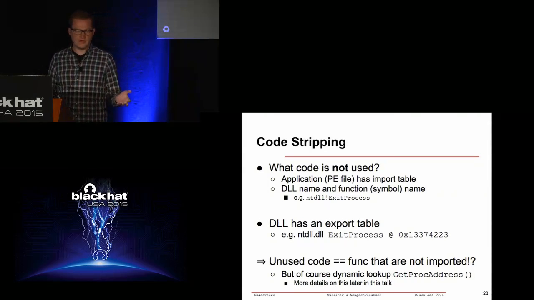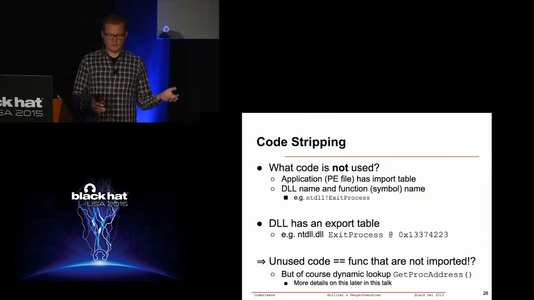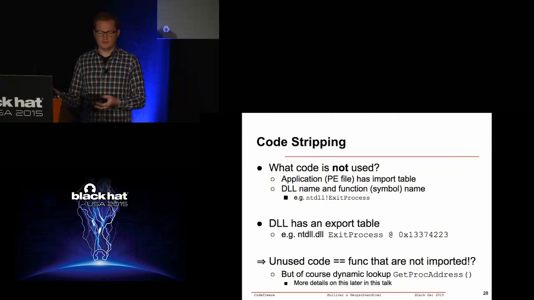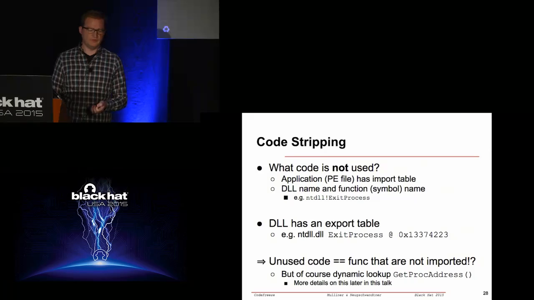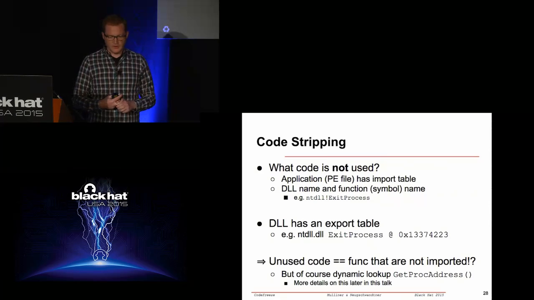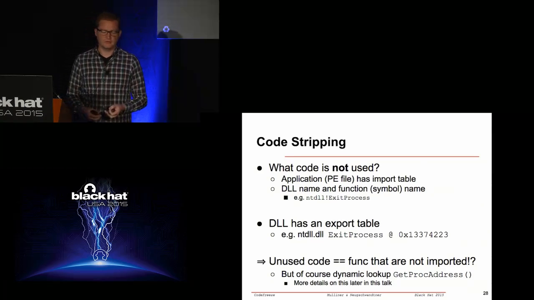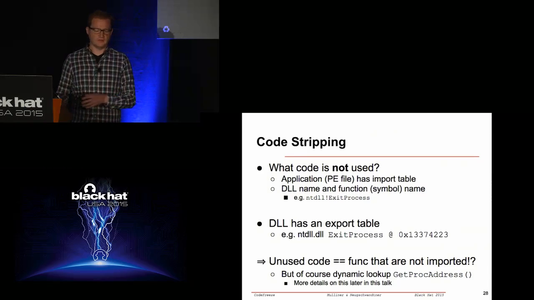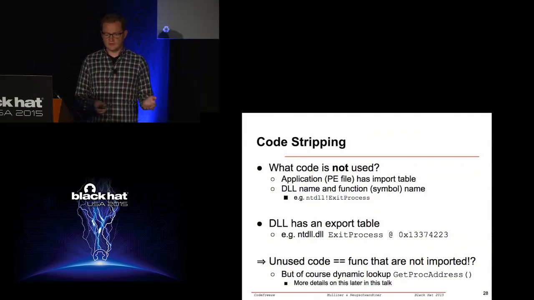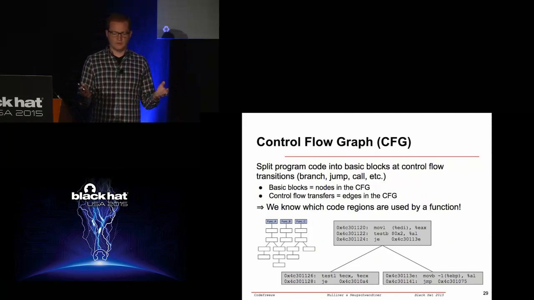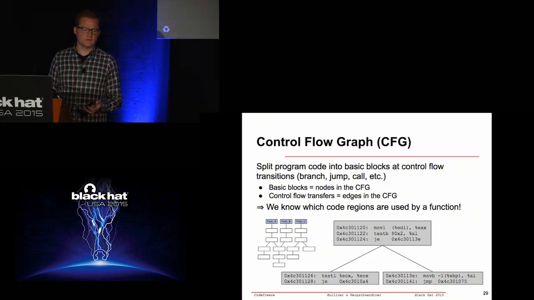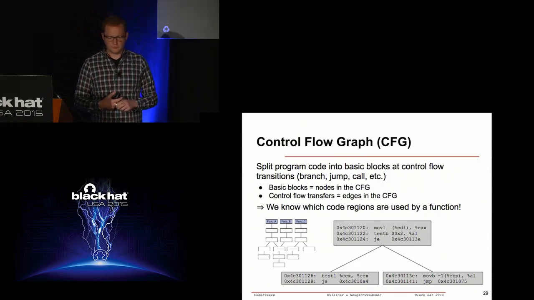If you look at the basic thing, unused code is functionality that is not imported by the main executable file. Of course, there's dynamic function lookup like GetProcAddress, and we will talk a little bit about this later. But just to get the idea: exports versus imports, the stuff that's not imported can be considered not being used.